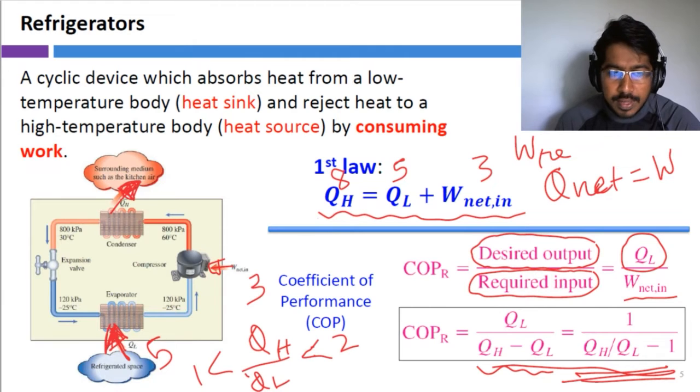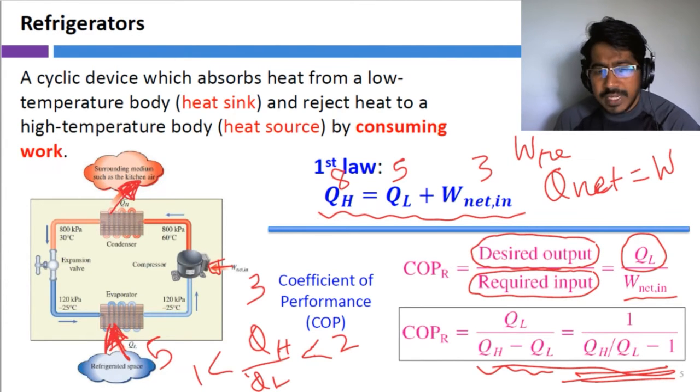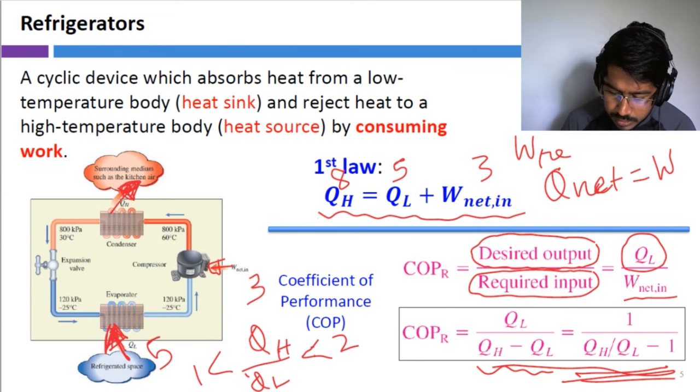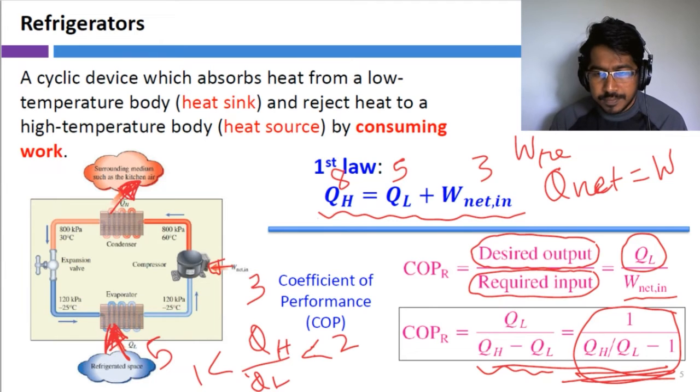Therefore, it is always greater than 1. So we know that. But in cases, QH over QL can be less than 2, right? So if it is less than 2, what can you say about this expression? Is it greater than 1 or less than 1?